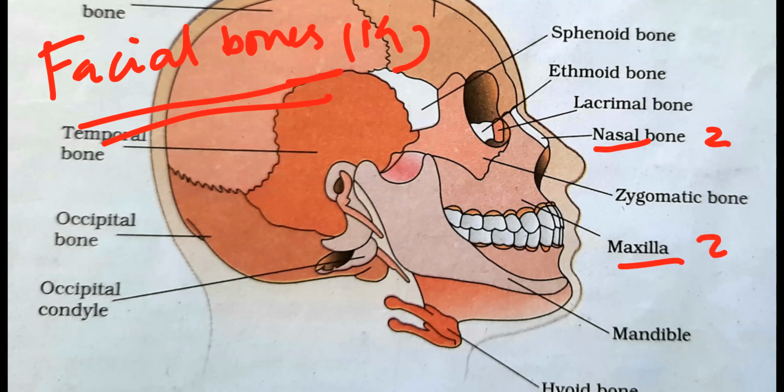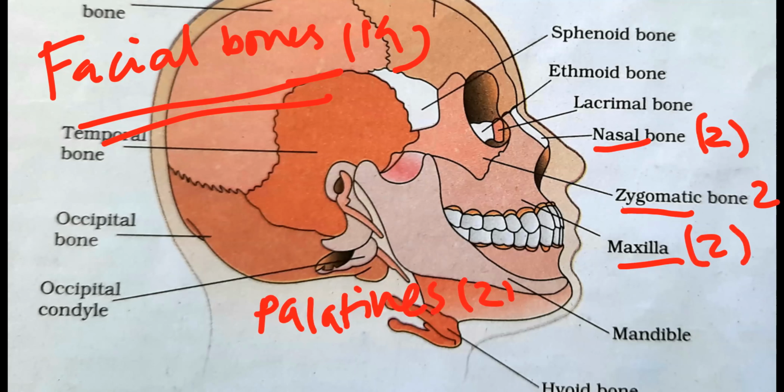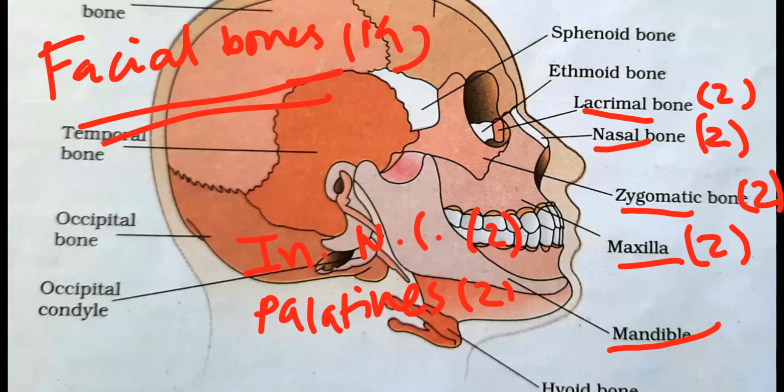Then there is a pair of lacrimals, and there is a pair of inferior conchae, inferior nasal conchae. These all are paired ones. As far as two others are concerned, one is mandible and another one is vomer.